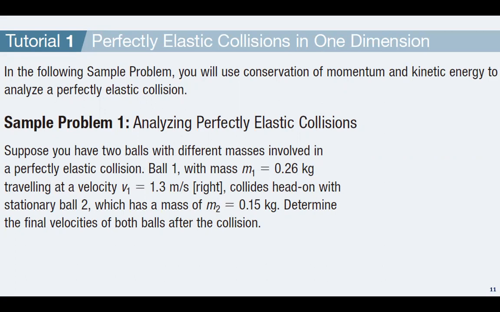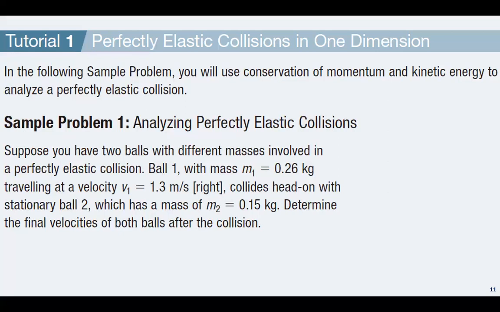Ball 1 with mass m1 equals 0.26 kilograms, traveling at a velocity v1 equals 1.3 meters per second, with direction as right, collides head-on with stationary ball 2, which has a mass of m2 equals 0.15 kilograms. Can you determine the final velocity of both balls after the collision?